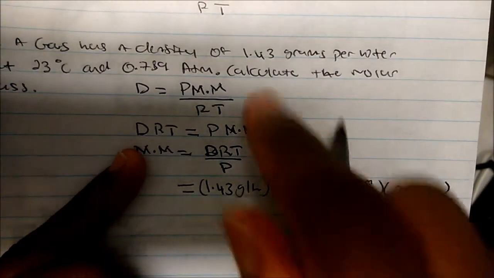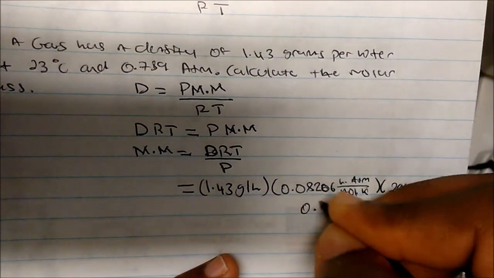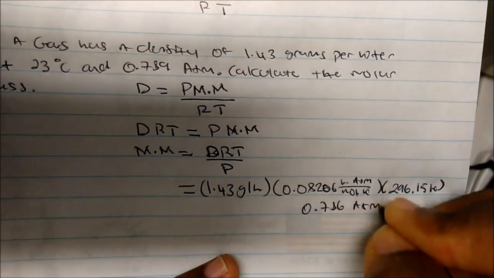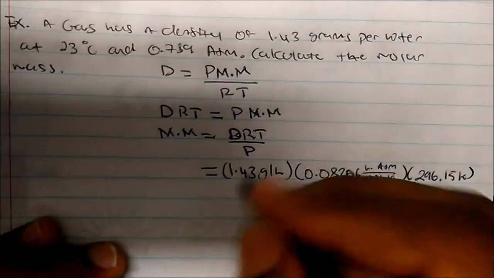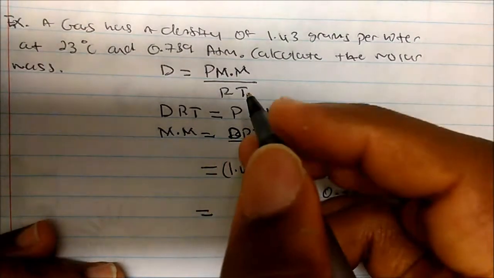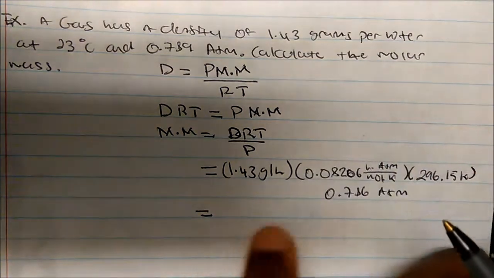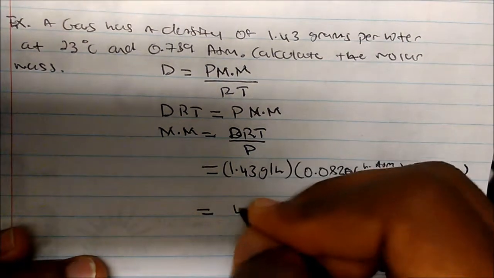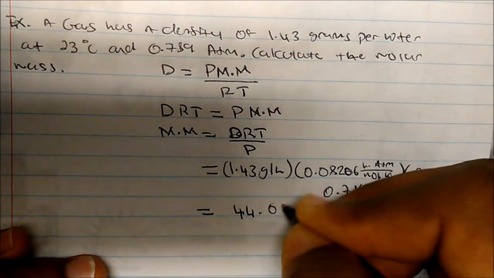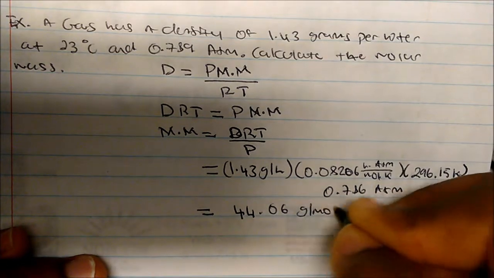We simply divide that by the pressure, which is 0.789 atm. When we plug all that into our calculator, we should get around 44.06 grams per mole.